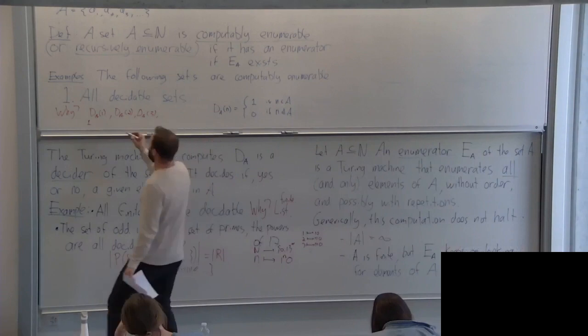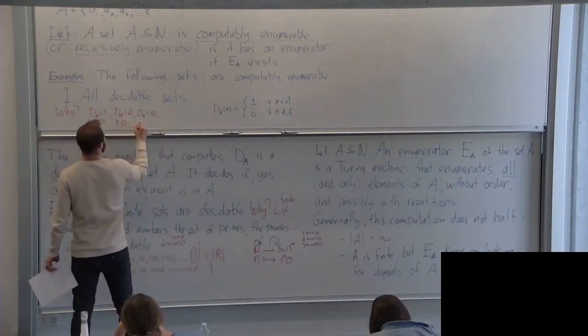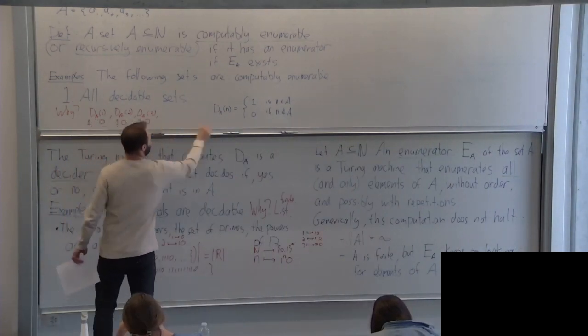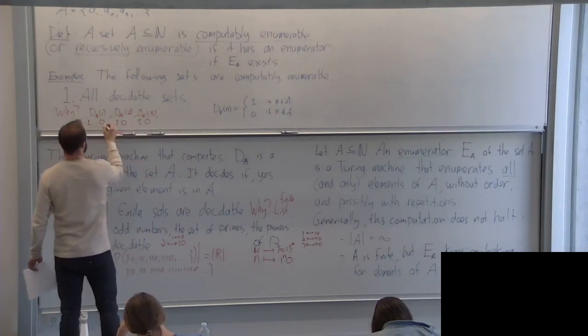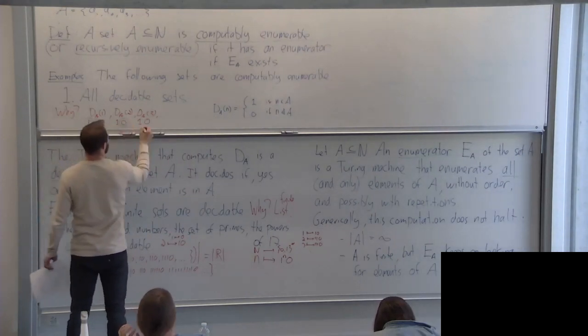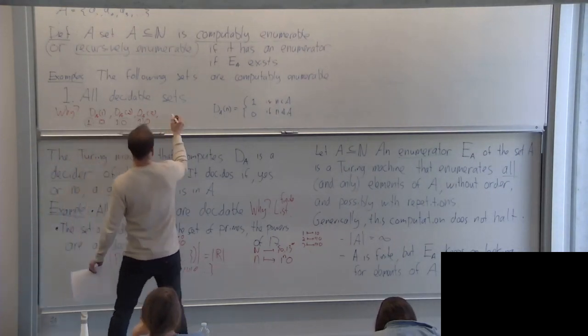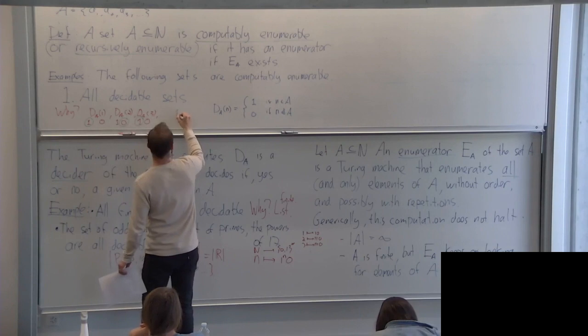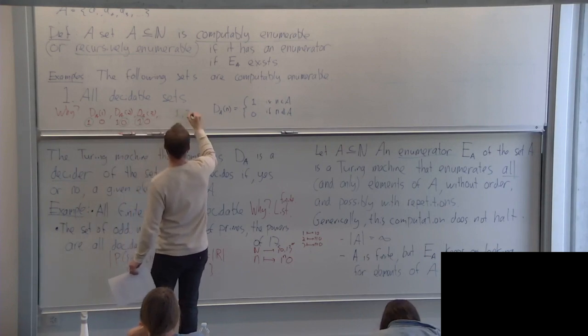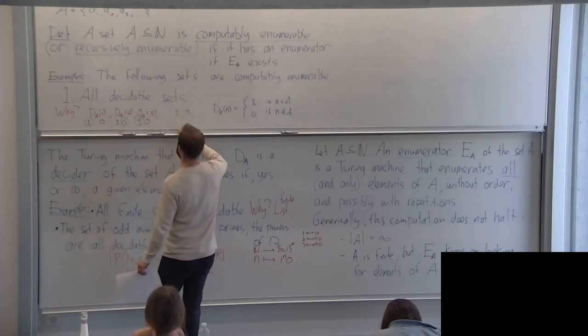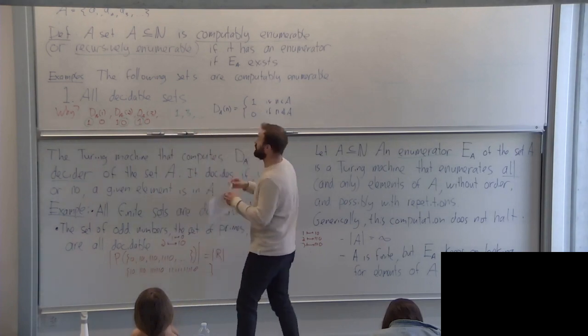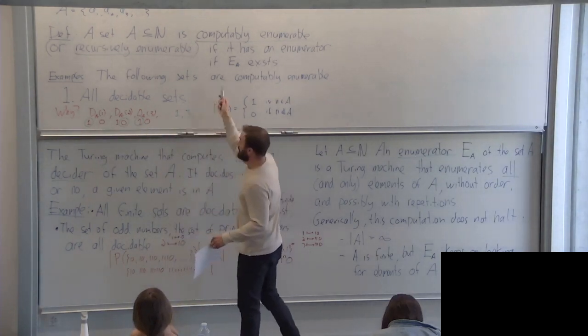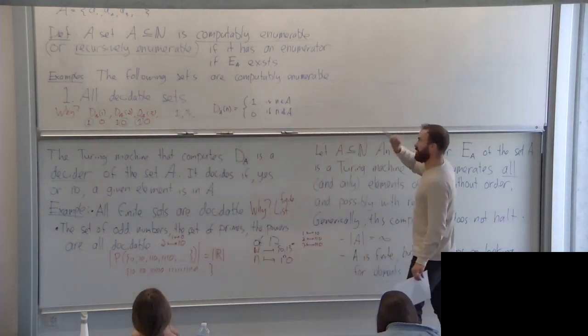So it says yes or no, yes or no, and suppose this is what happens: yes, no, yes. Then you enumerate 1, you don't enumerate 2, you enumerate 3, and so on. That's how you use the decider to build an enumerator.